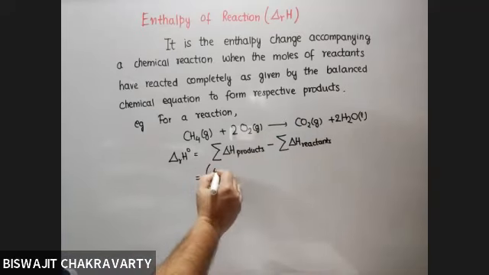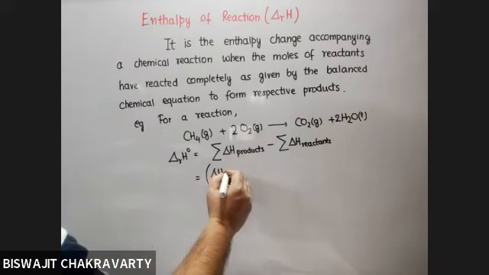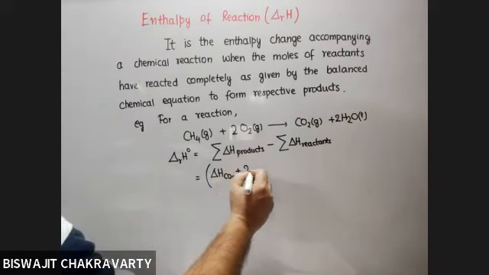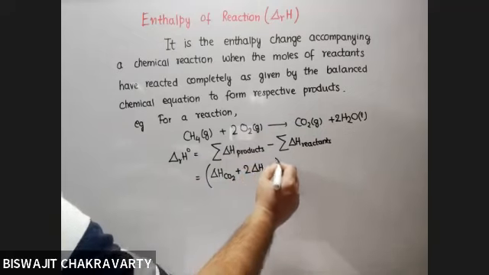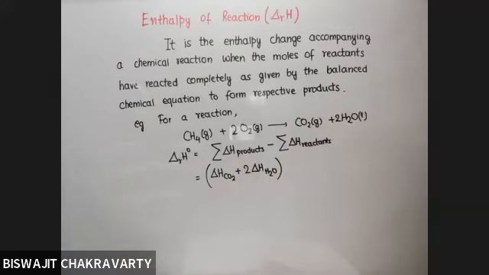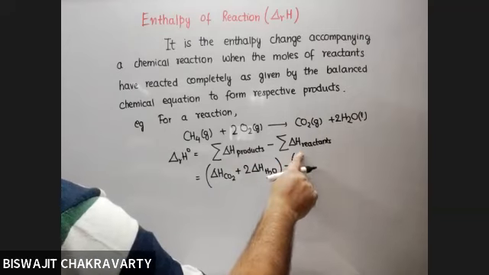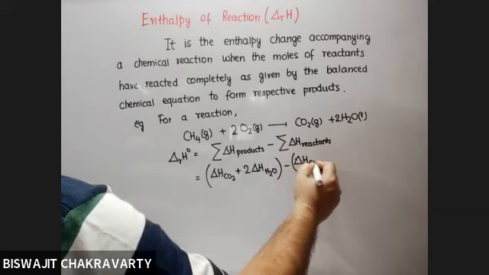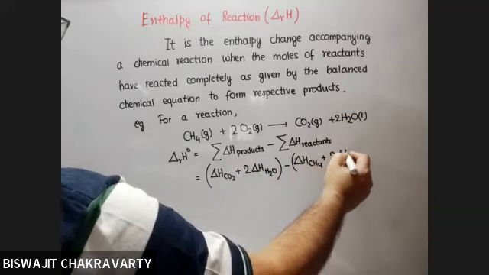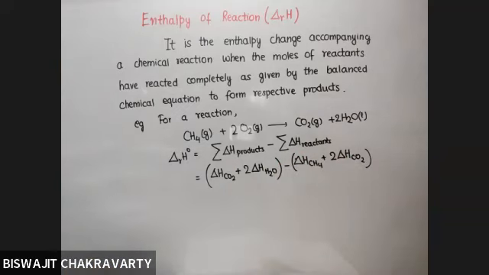So we write delta H of carbon dioxide plus 2 into delta H of water. Products are to be written first. Every molecule is associated with some enthalpy change, minus delta H of CH4 plus 2 into delta H of O2. So this is the expression. Whatever be the number of moles, that has to be multiplied accordingly. This is the way of writing delta rH degree for any reaction.